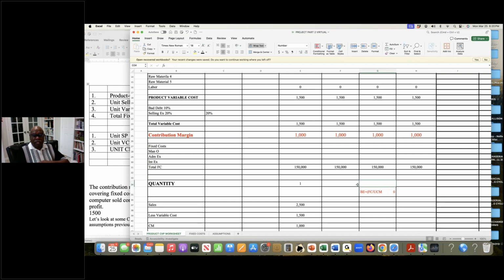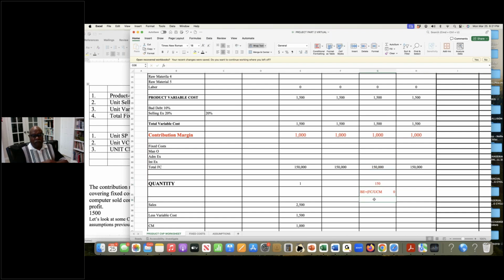So if I come up here and I want to make this calculation, I'm going to put in my equal sign, right? And then what's the next thing I'm going to do? I'm going to click on the fixed cost, put a slash in here, and click on the contribution margin.